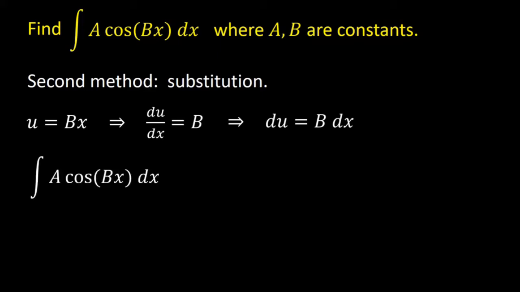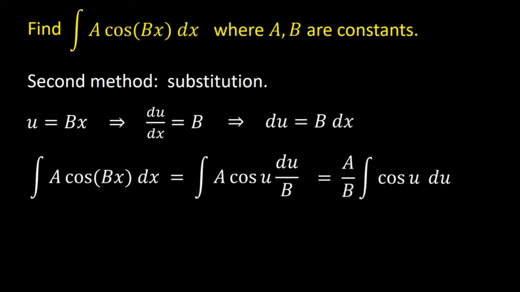Now we substitute all this into our expression for the antiderivative. Bx is simply u, and then the dx you can work out from the previous line. Dx is du over b. So we put that in our formula. Now the a over b is just a constant, so that pulls out, just like constants pull outside of derivatives. Constants also pull outside of antiderivatives.